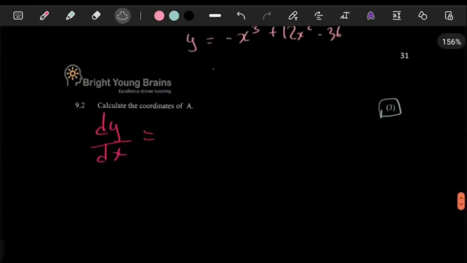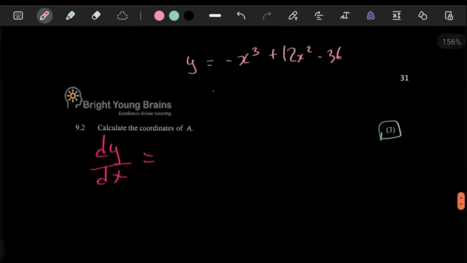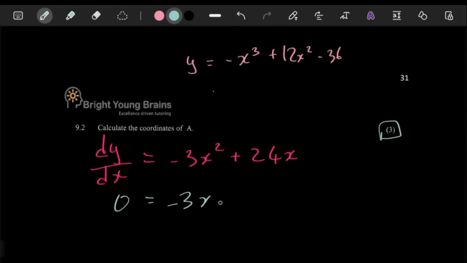So here we have -3x squared, positive 24x, and then this just falls away. So first derivative equal to 0 is what gives us the turning point.